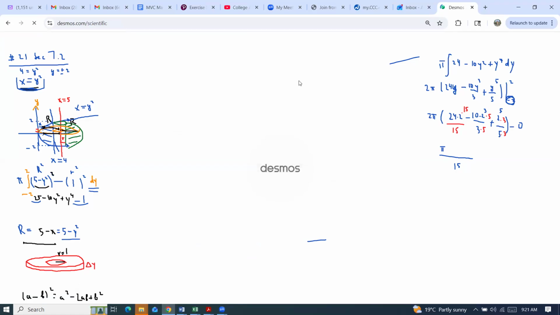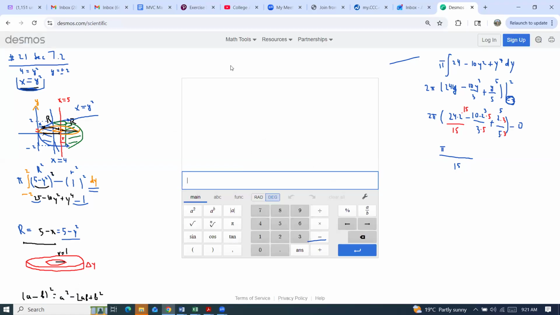It's the free scientific Desmos. I think it's the best that I've seen so far. We use it for statistics heavily, and it's nice because it shows you everything that you put in it. So 2 I put on the outside of parentheses, and now I'm going to put whatever is inside the parentheses. 24 times that 2 times 15, I know it's 30, so I can just put 30.